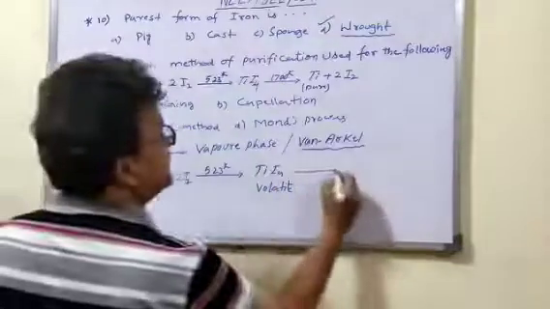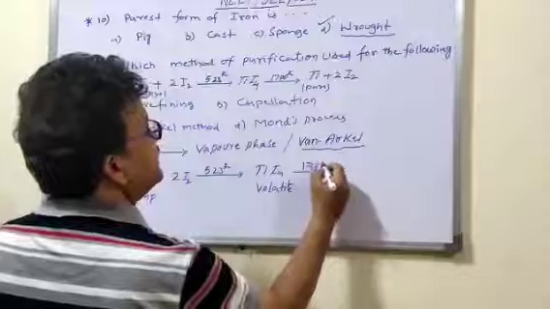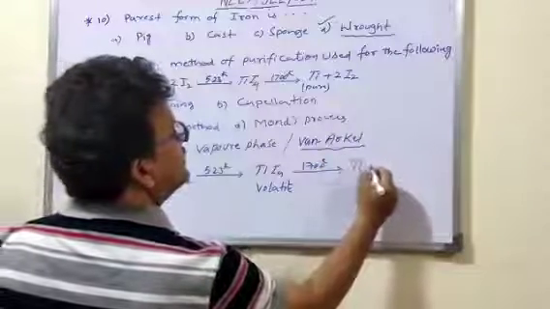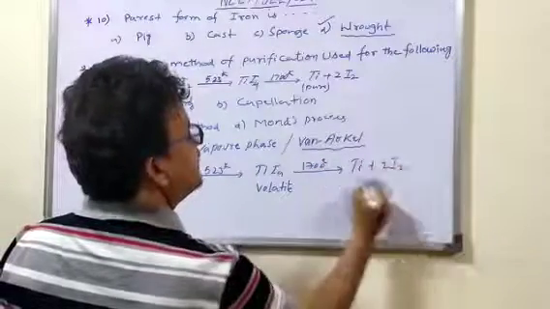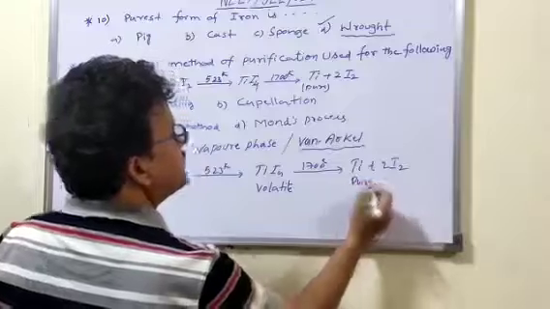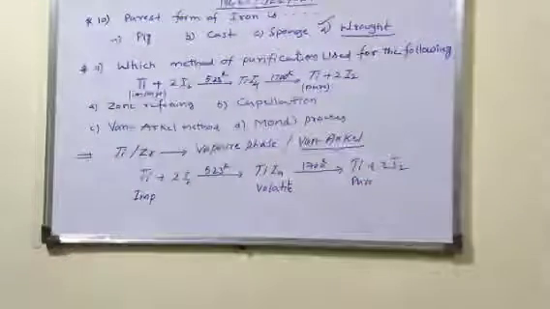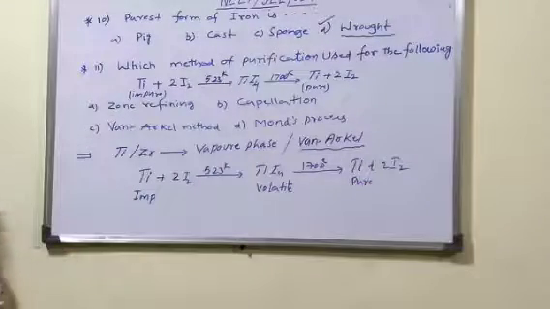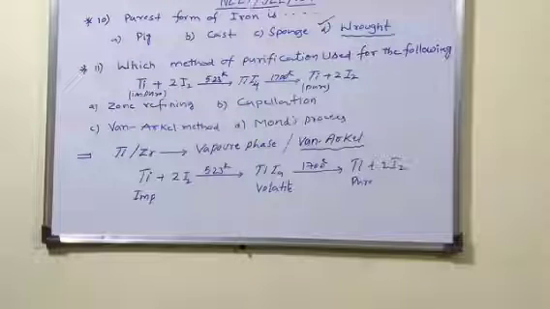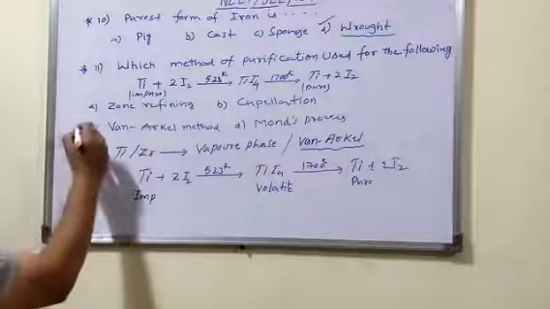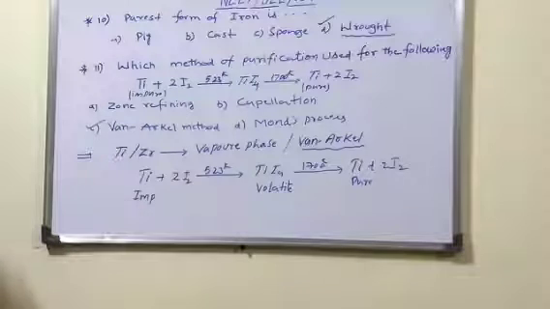And further it is heated at 1700 and you are getting pure titanium. So only titanium and zirconium have to be purified by the Van Arkel method. So the answer is Van Arkel process or method.